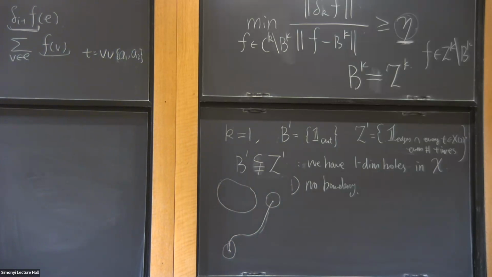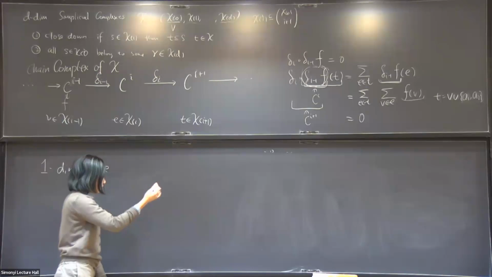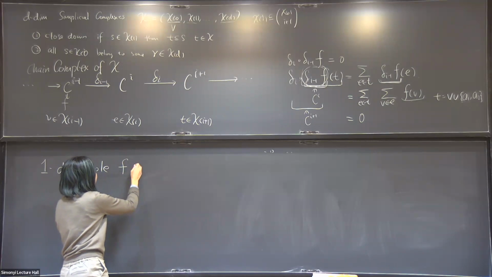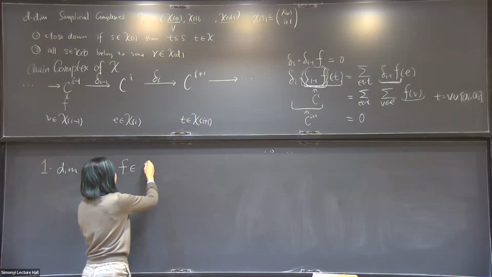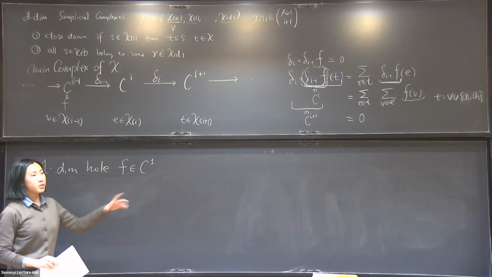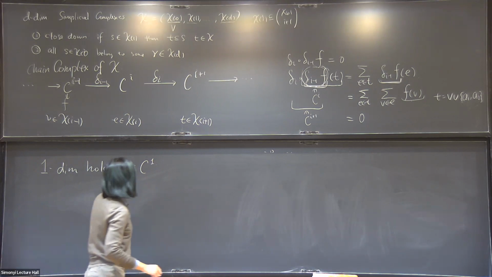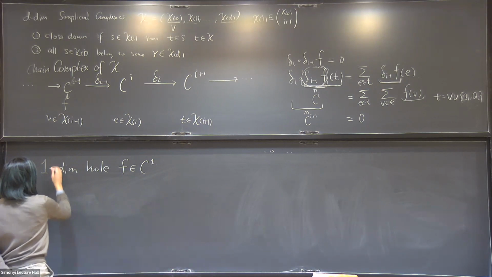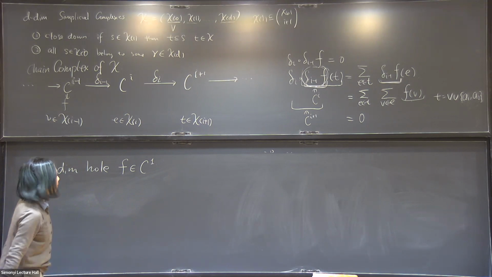First, I want it to be a function f that exists inside C1. So it's a function over edges. So it's a subset of edges. And we say that it's actually a hole if, first, it doesn't have a lower dimensional boundary.